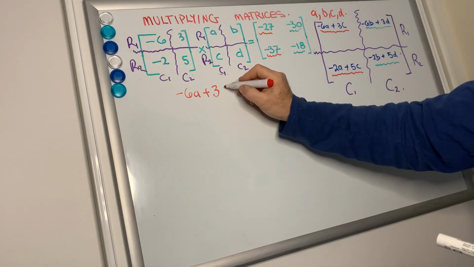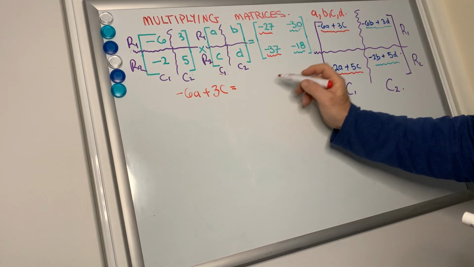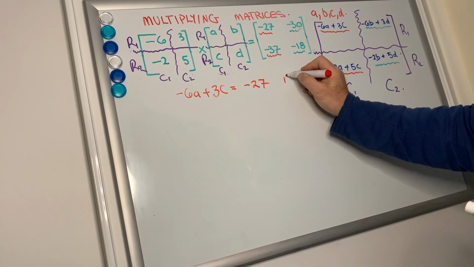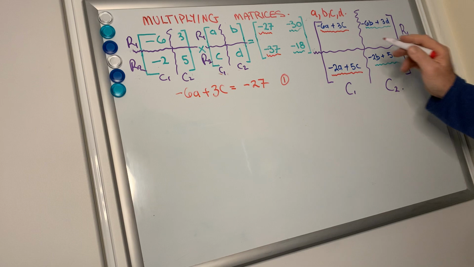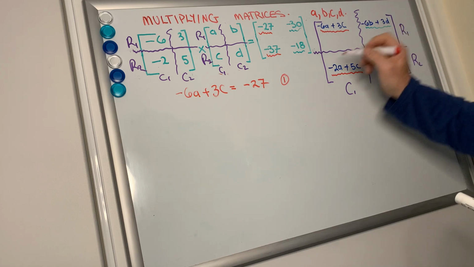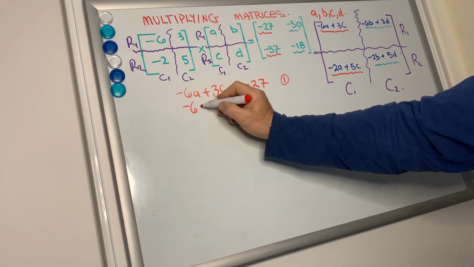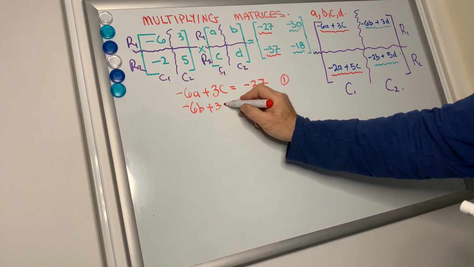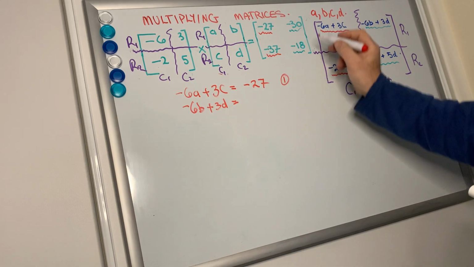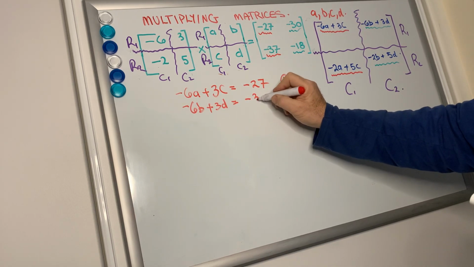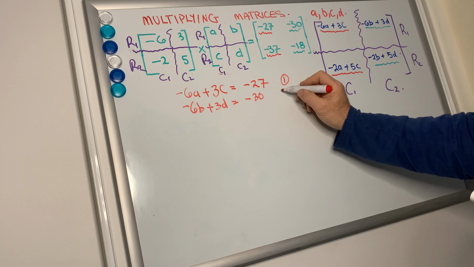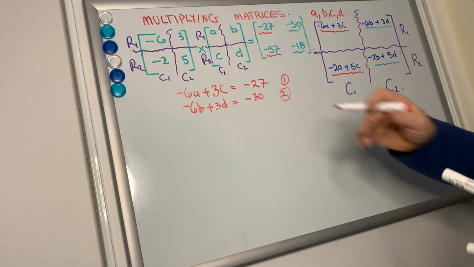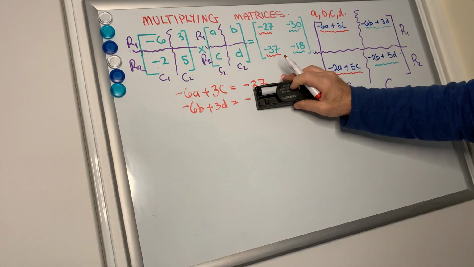Plus 3c is equal to minus 27. Let's call that equation 1. Then we've got minus 6b plus 3d is equal to minus 30. Let's call that equation 2.